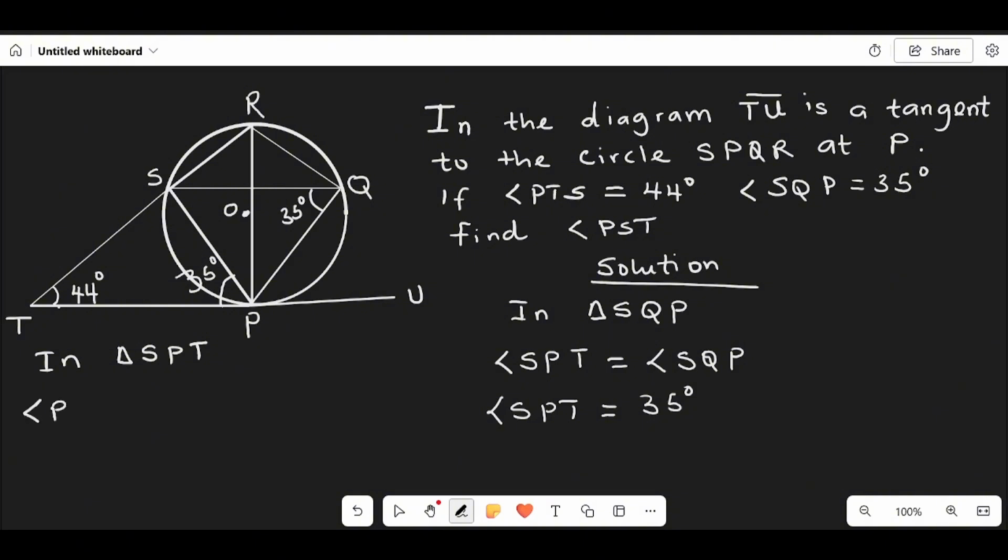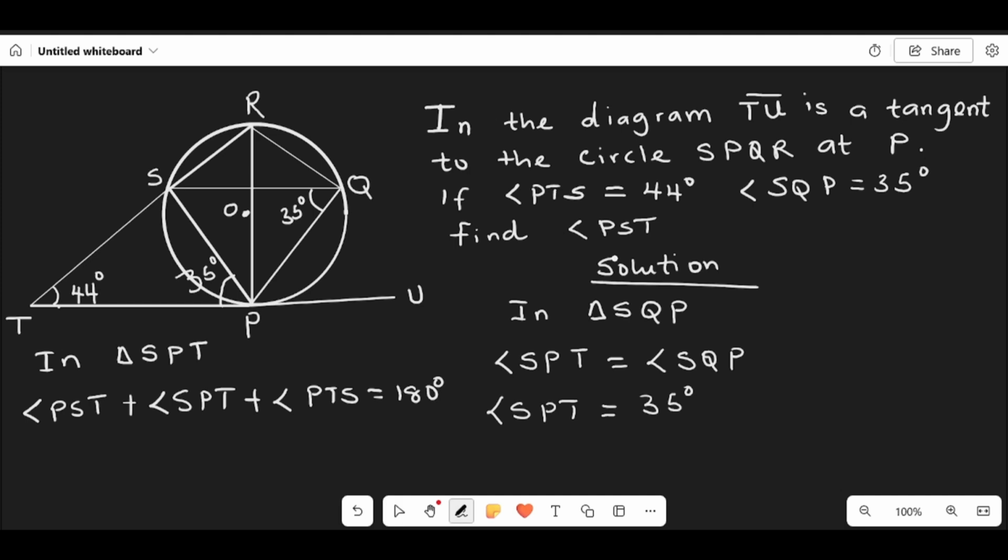Angle PST plus angle SPT plus angle PTS equals 180 degrees.